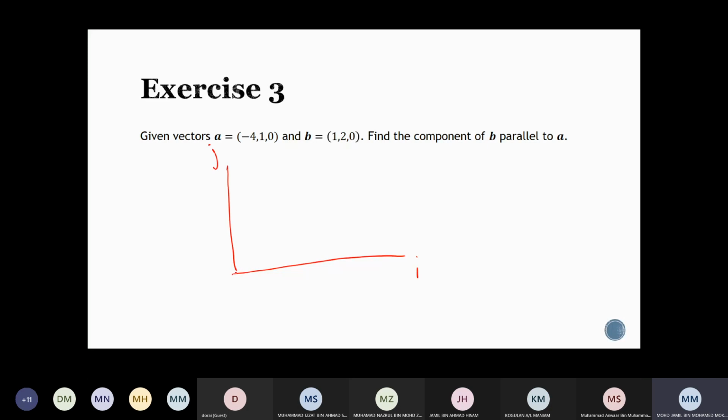Vector A is somewhere here, and then vector B maybe here. So we can split the components of B, one parallel with A, and another one perpendicular with A.